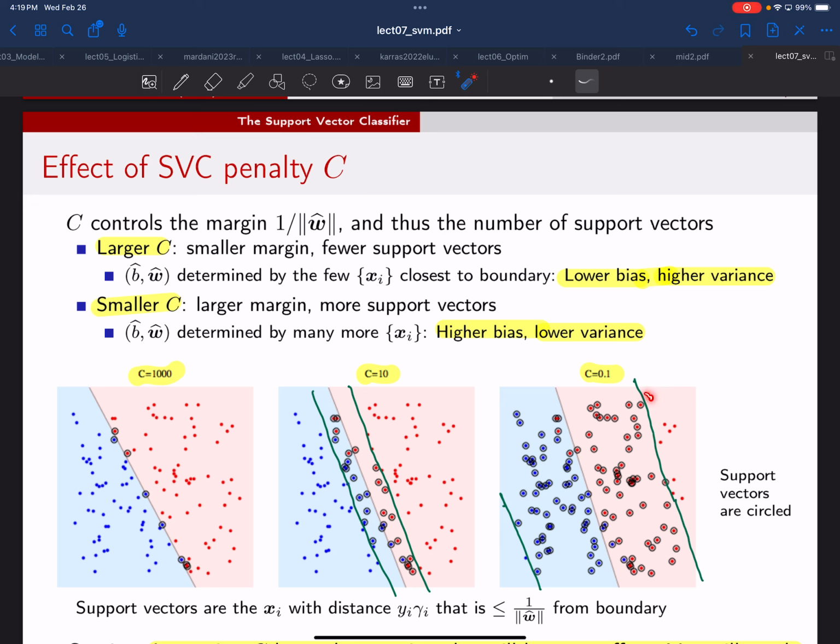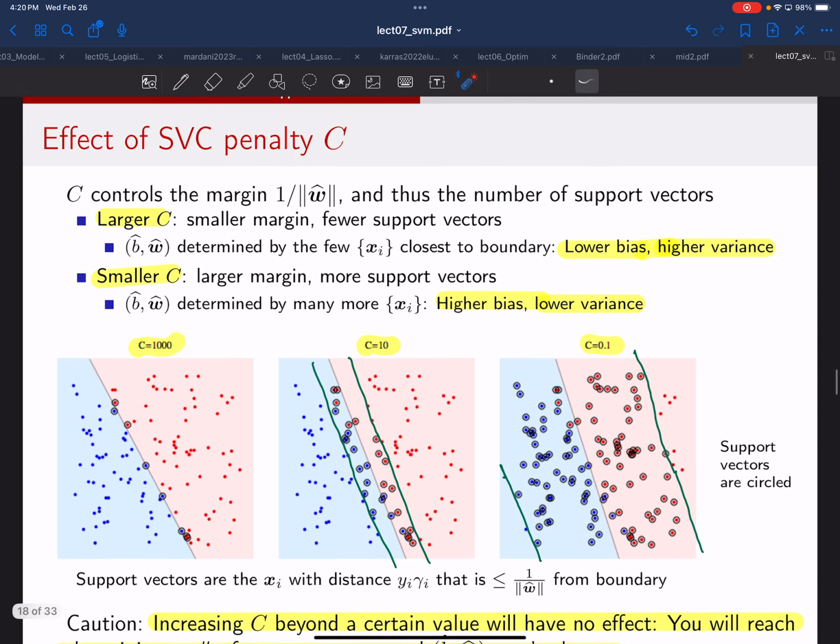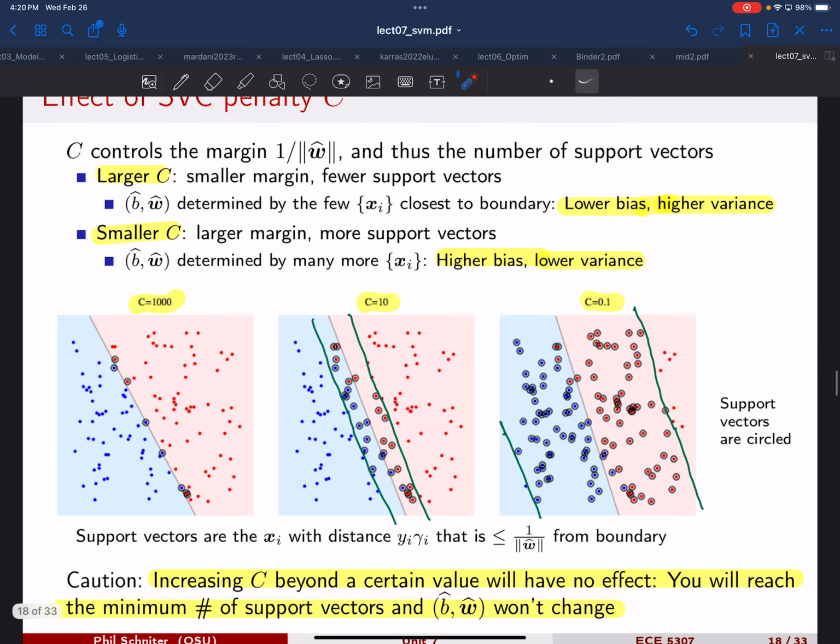But over here, it's trying to make all those points happy, which means the ones close to the boundary are not really determining where that boundary is, and it's allowing a certain number of errors on those points. So that's how we can think about the effect of this penalty weight C and the bias-variance trade-off, and why we need to tune it using cross-validation.